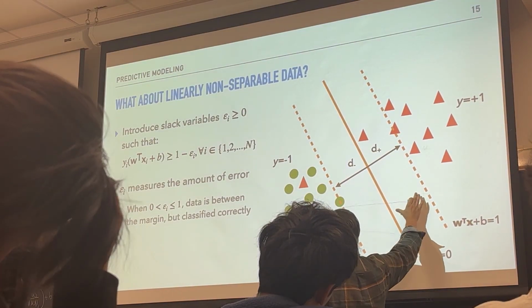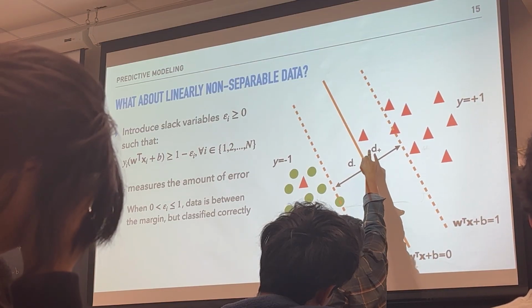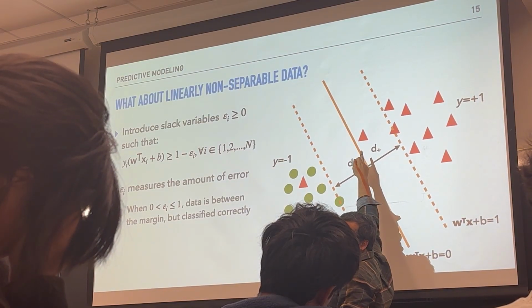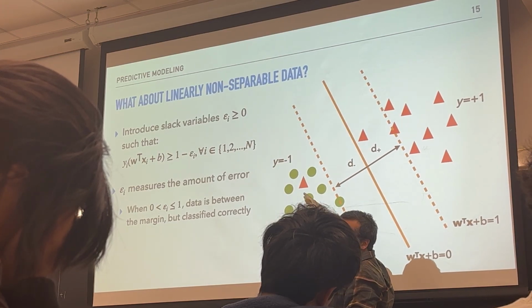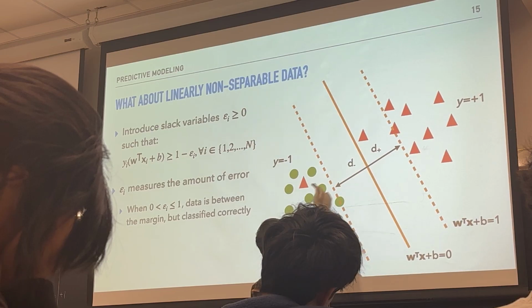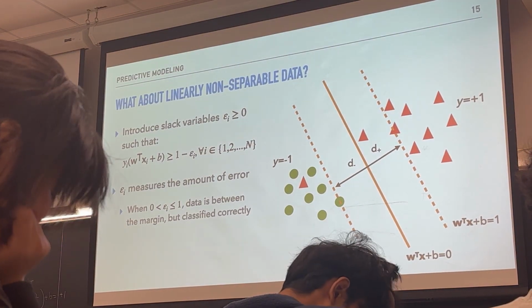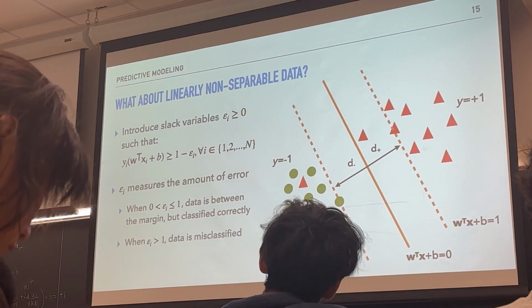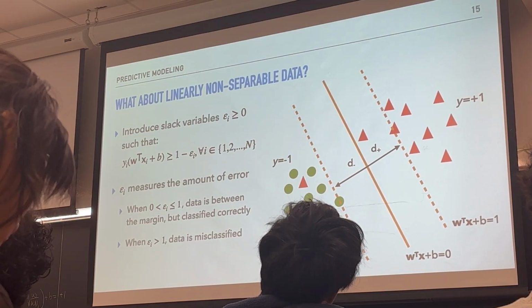If it is between 0 and 1, it means, for example, that this red triangle will have slack between 0 and 1. If it is on the other side, it will become negative. If this red triangle is so far off on the wrong side, it will have slack greater than 1. Make sense?